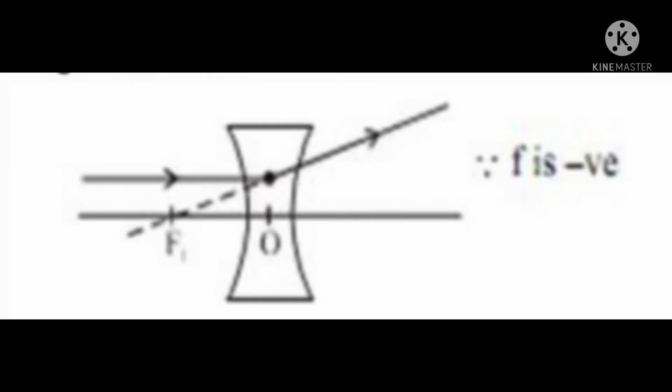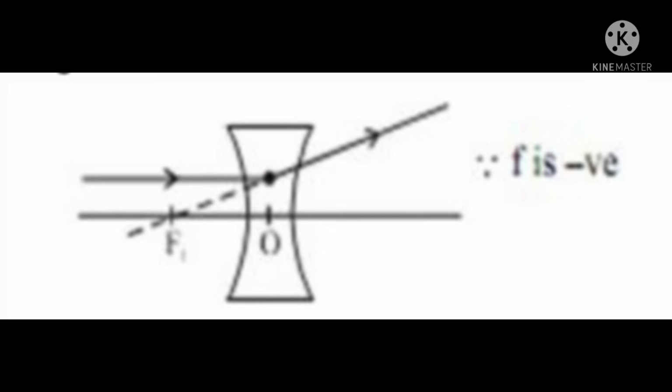Now another thing you have to remember: according to the convention, the focal length of the convex lens is positive, and that of the concave lens is negative. You all know the focal length is the distance between capital F and the optical center.